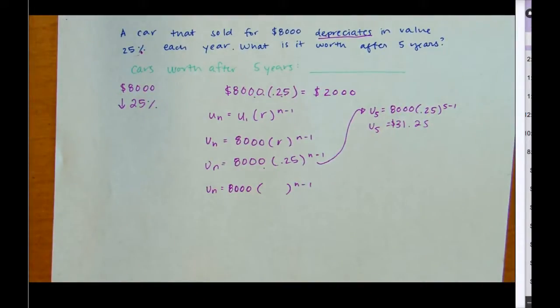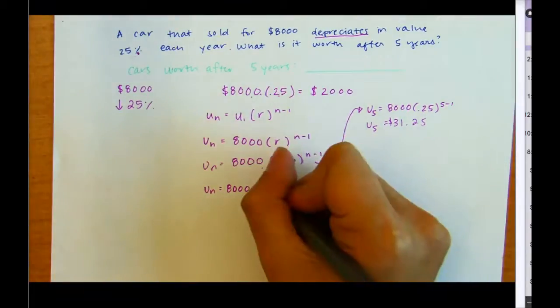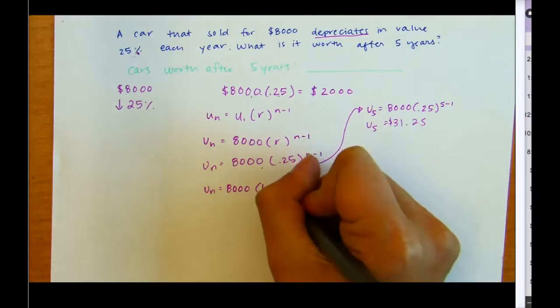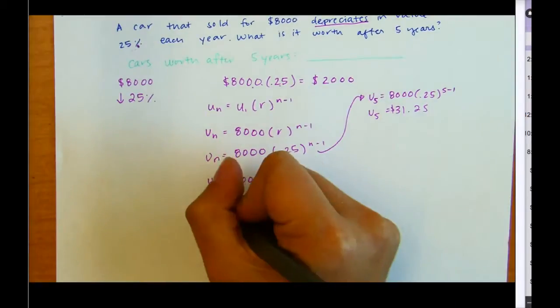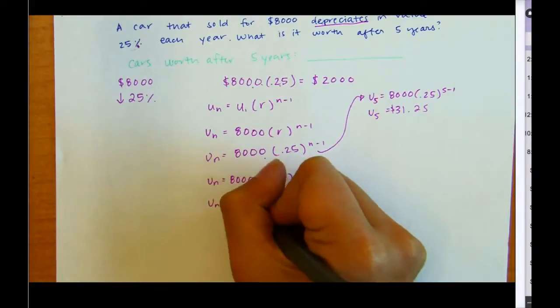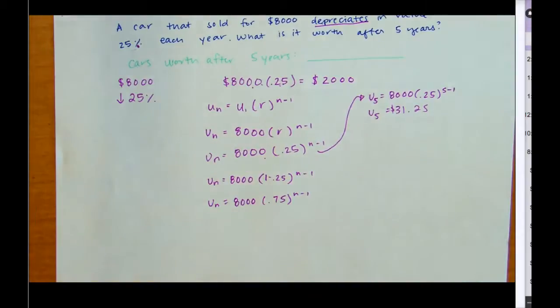So think about one thing that I could try. Maybe you thought I could subtract 0.25 from 1. So 1 minus 0.25, I'm going to get u sub n equals 8,000 times 0.75 to the n minus 1.